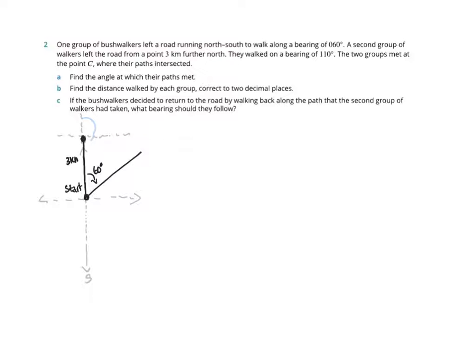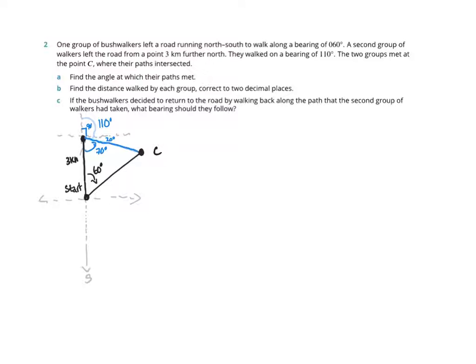The second group went out there and they met at point C. So I've got point C. Now they told me that this was 120, so to there is 90, so this little bit in here must be 30 degrees. If that's 30, then this bit in here must be 60.